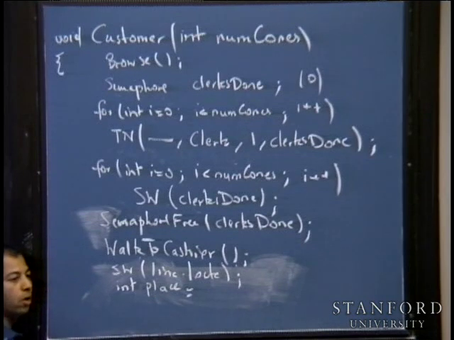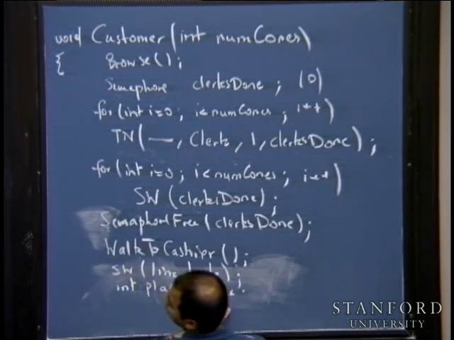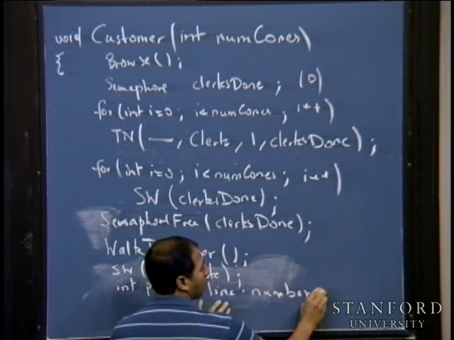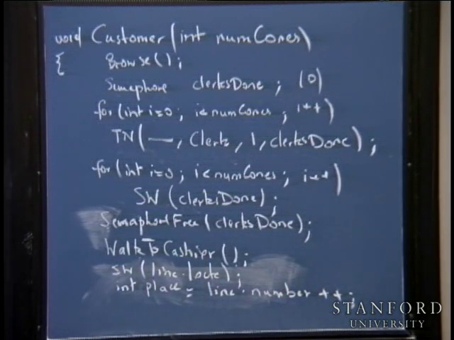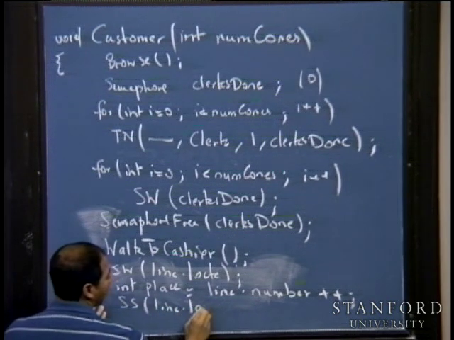This is equal to line.number, what did I call it? Number plus plus. So that next time is the next place on the line, okay? And then you want to signal definitely this lock because you're done using the number.